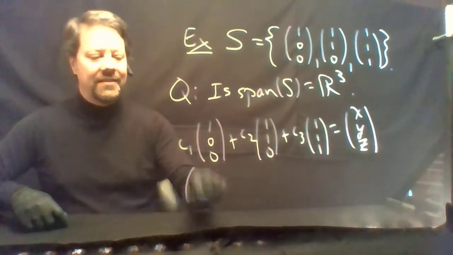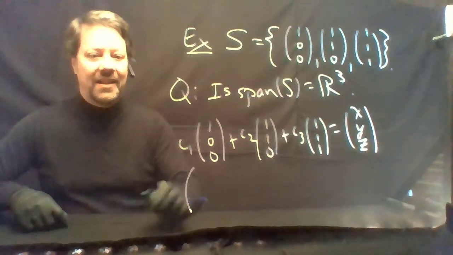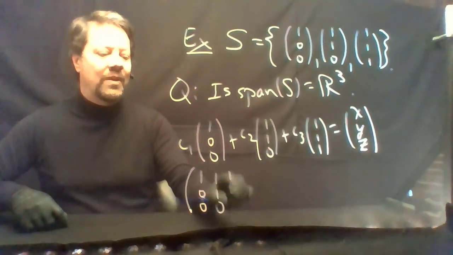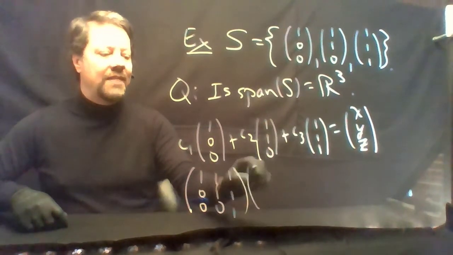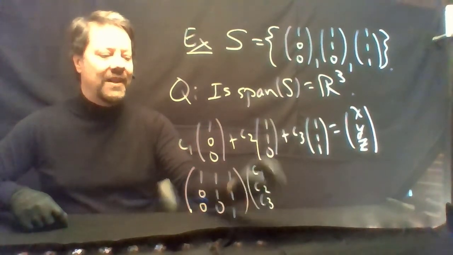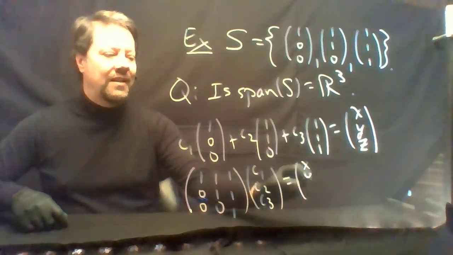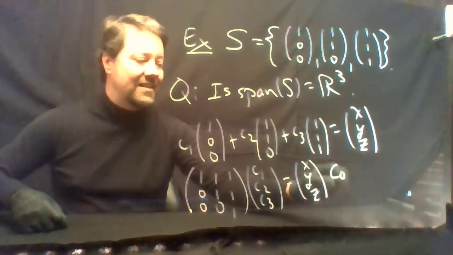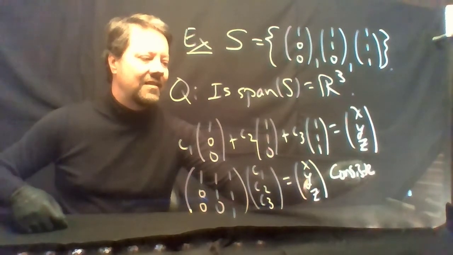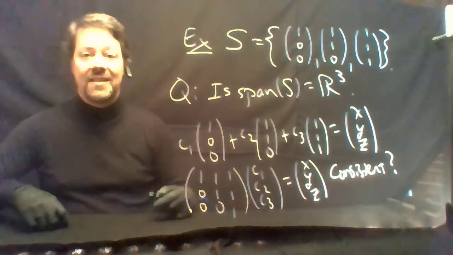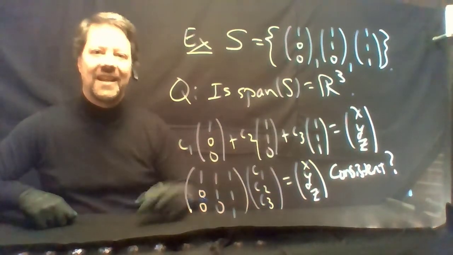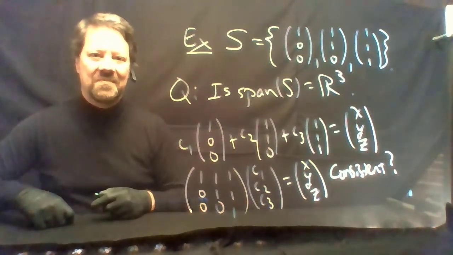This is equivalent to the consistency of the matrix equation [1, 1, 1; 0, 1, 1; 0, 0, 1] times (C1, C2, C3) equals (x, y, z). Is this consistent? If it's consistent, then there will exist a solution for C1, C2, C3, which solves this system.